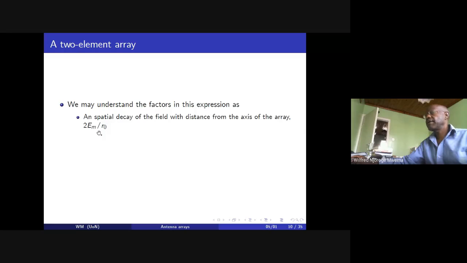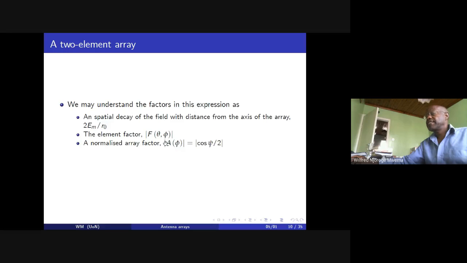The E field is decaying as 1 over distance from the antenna axis. Two, we have the element factor for the radiating element, which is the magnitude of f theta phi. Then we have a normalized array factor.